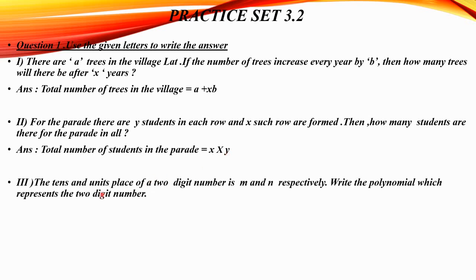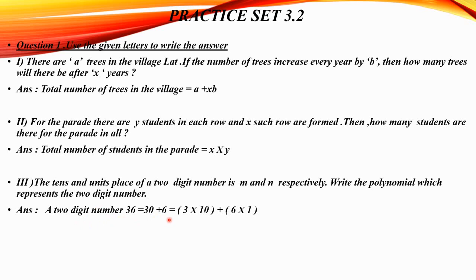Question number 3. The tens and the units place of a 2-digit number is m and n. Write the polynomial which represents the 2-digit number. Now, suppose a 2-digit number 36, it can be written as 30 plus 6.